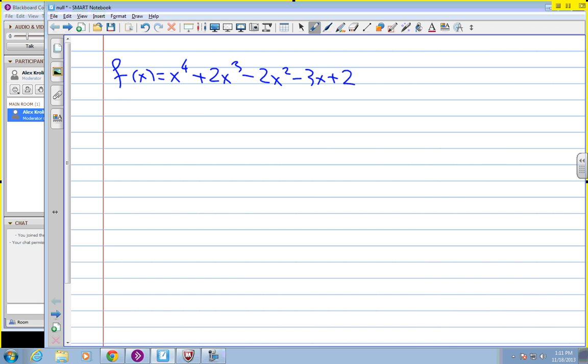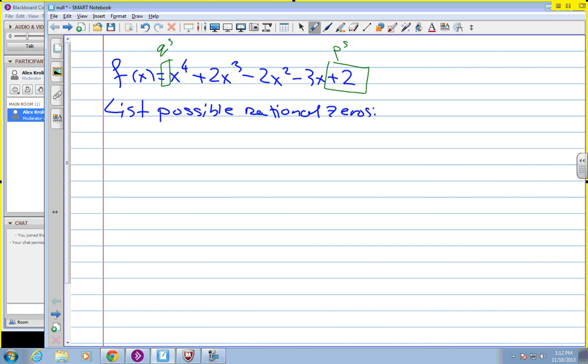Because if I ask you to list all the possible, why is this example nice? What are you dividing by what? You're dividing the factors of this number by the factors of this number. So these are your P's and these are your Q's.